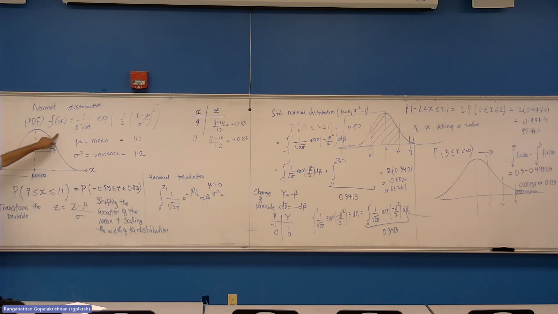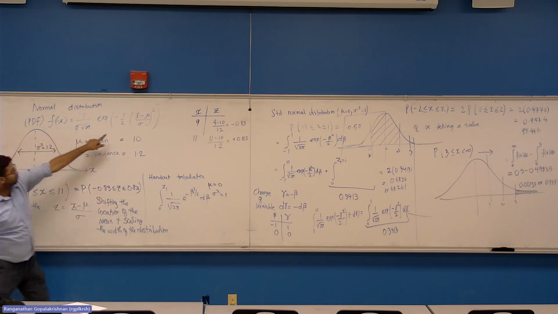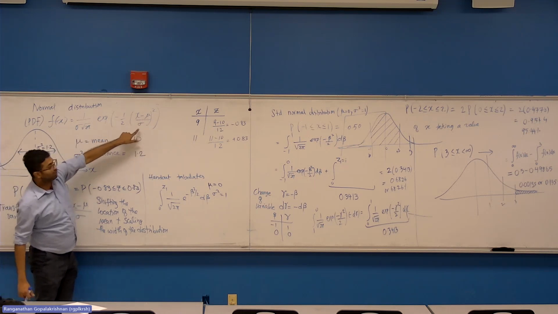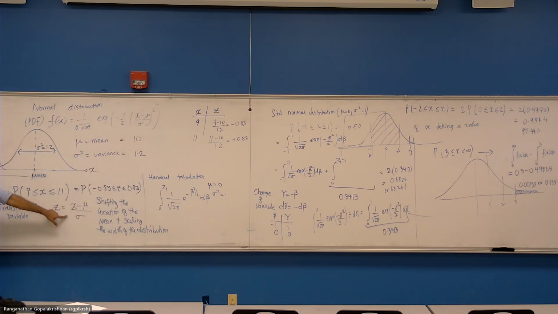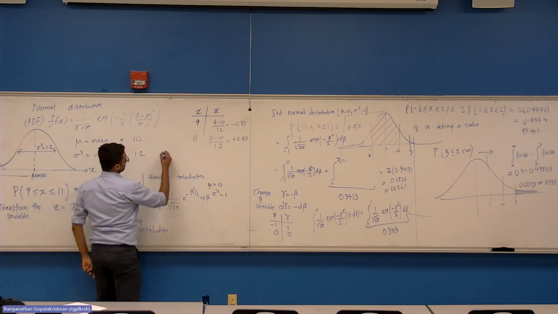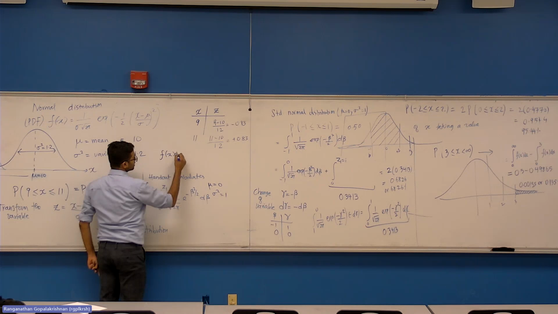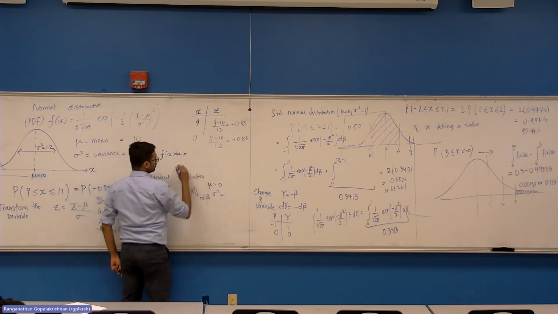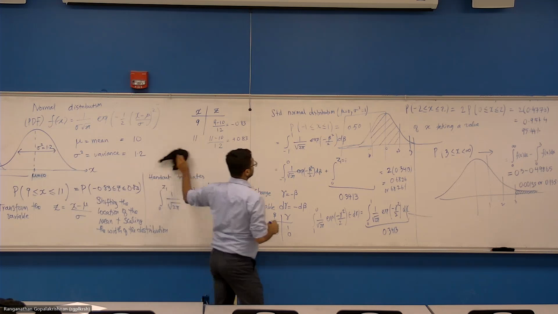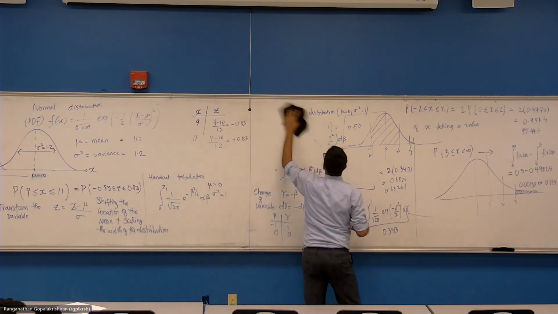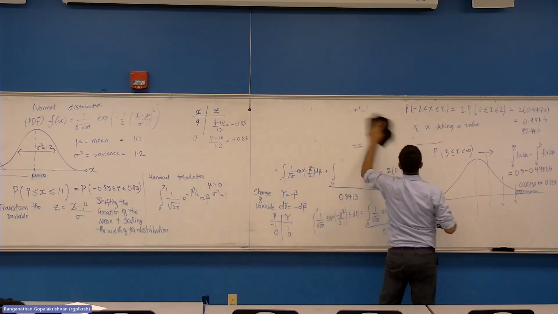Look at this function. This is f of x with x and mu and sigma. If you make this substitution, f of x dx, which is equal to, hold on 1 second, I want to write this down. This is insightful, I think.